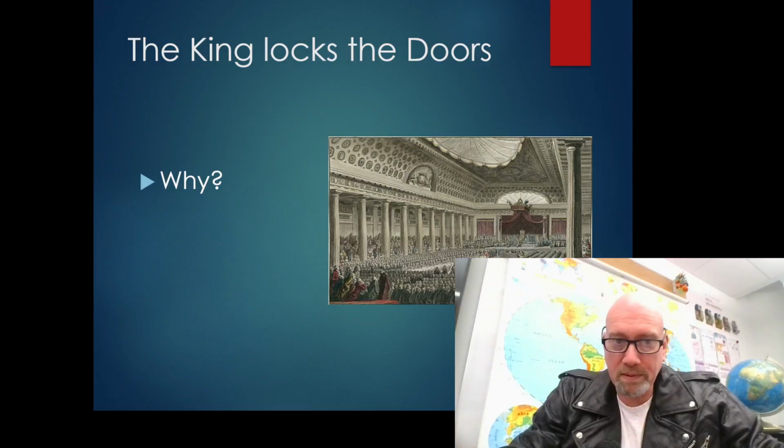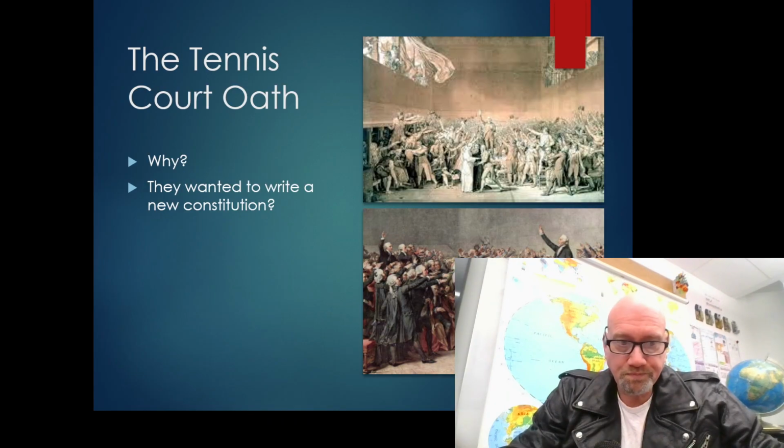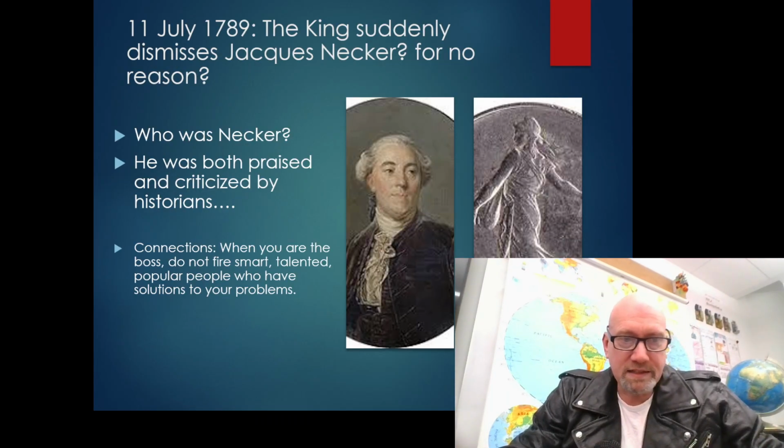This is probably where the revolution really got going, because they went to a place that's often called a tennis court, but basically we could call it a gymnasium, somewhere for playing some type of sport. And they made an oath to create and write a constitution. It took time to write the constitution after that, but they immediately took a promise to write a constitution.